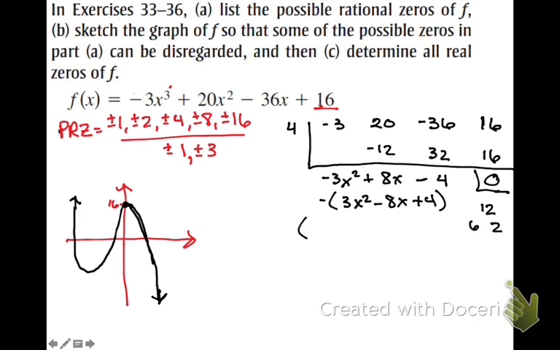Okay, 3 is prime, so my only choices are 3, right? And I've got to get 6, so this better be a 2. And the other factor of 4 is what? 2, and they're both negative? Yeah. So I set them equal to 0. So x equals 2/3, 2 and 4. So is our graph right?